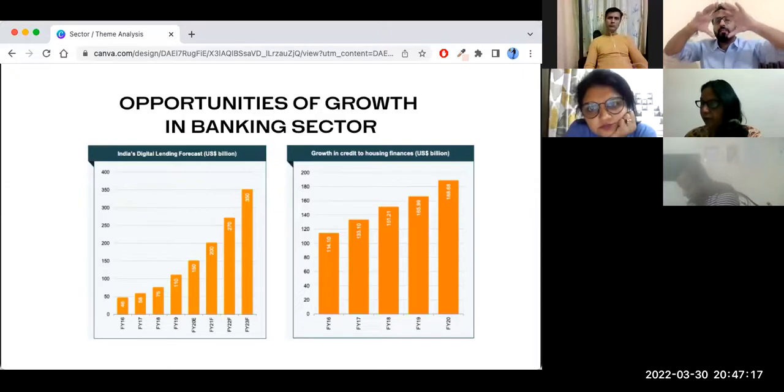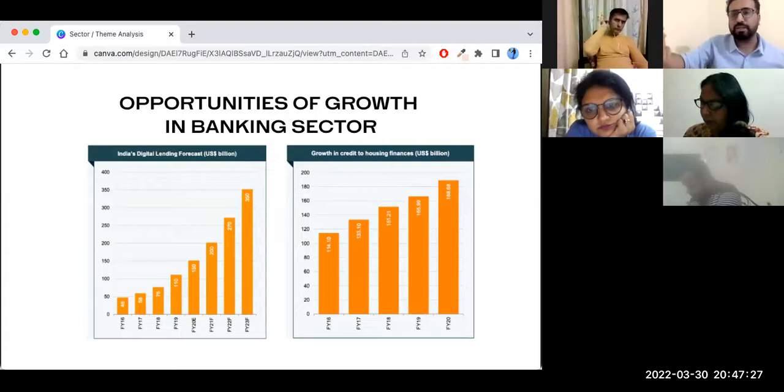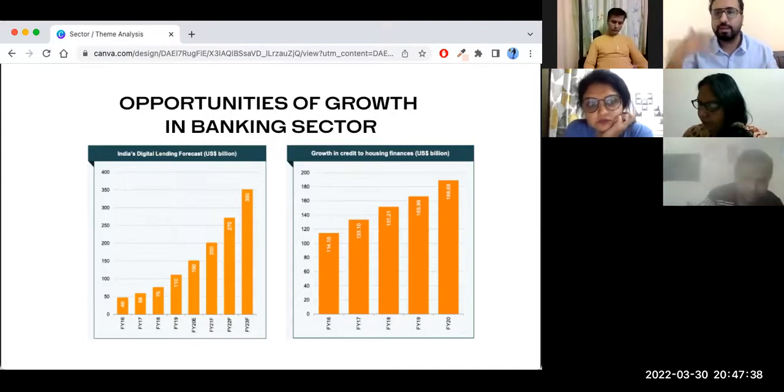If you compare among the larger banks, HDFC, ICICI, Kotak, Axis, ICICI is the most active in tying up and partnering with smaller companies and startups. In terms of smaller banks, there is IDFC First Bank, and then there is RBL, which are very amazing in tying up with companies.